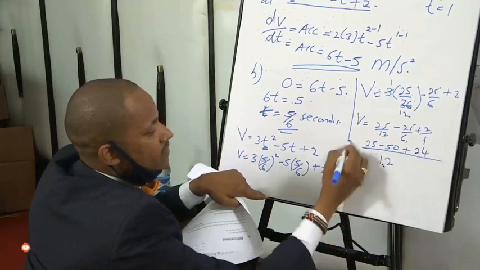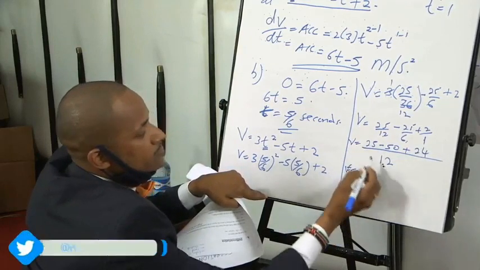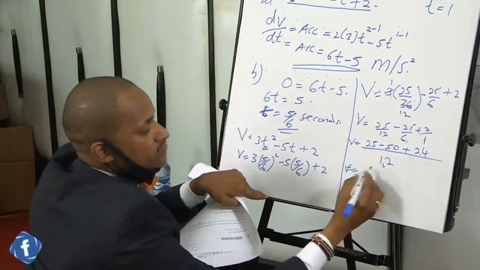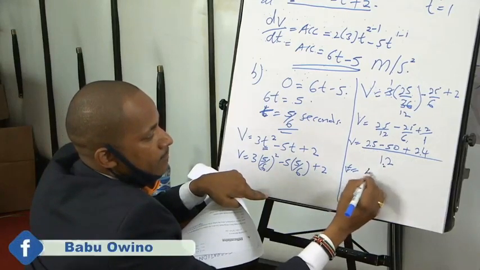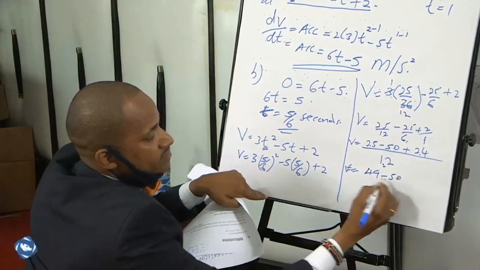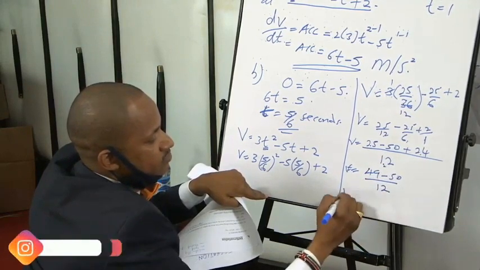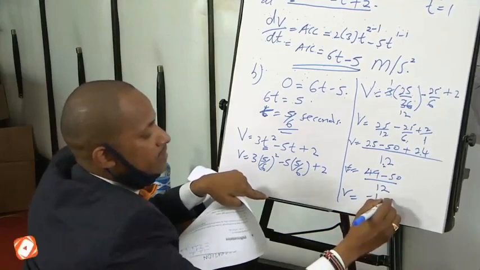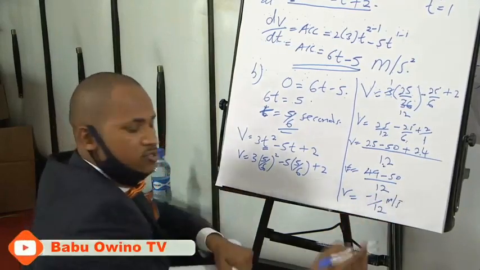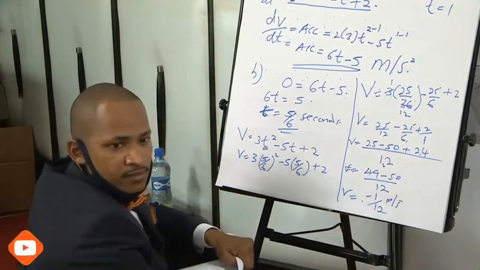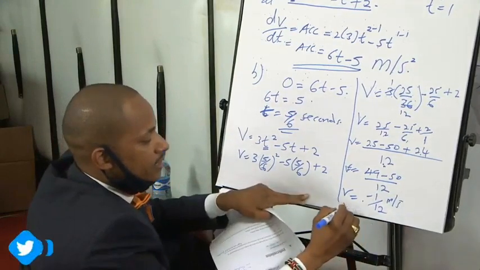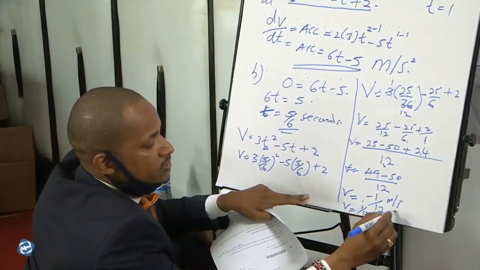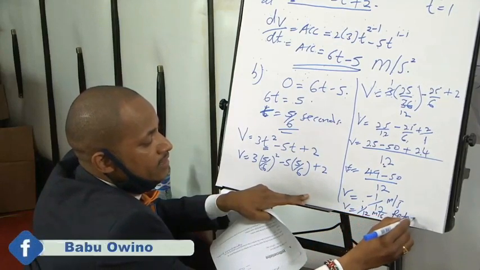When you simplify, velocity is equal to 25 plus 24 is 49, minus 50, divided by 12. So velocity is equal to minus 1 over 12 meters per second. And remember, I told you when the velocity is negative, it means that the body is retarding. So you write velocity is 1 over 12 meters per second, but you write retardation.